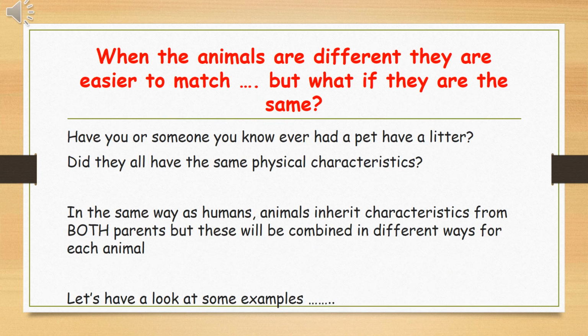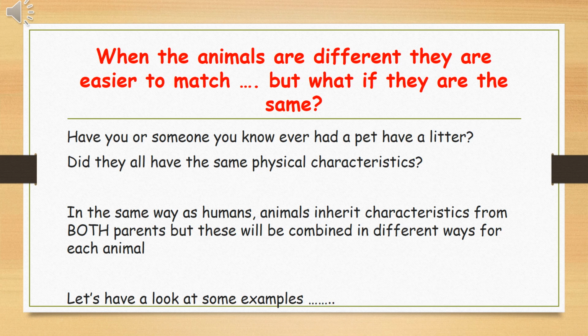So I'm sure you found that task on the previous slide quite easy. But today we're going to be thinking about, in the same way as we looked at parents last week, siblings of the offspring.